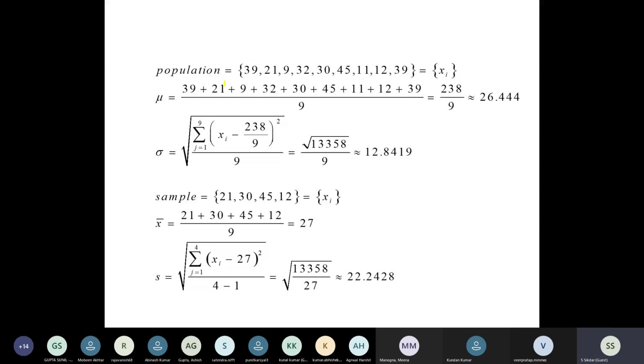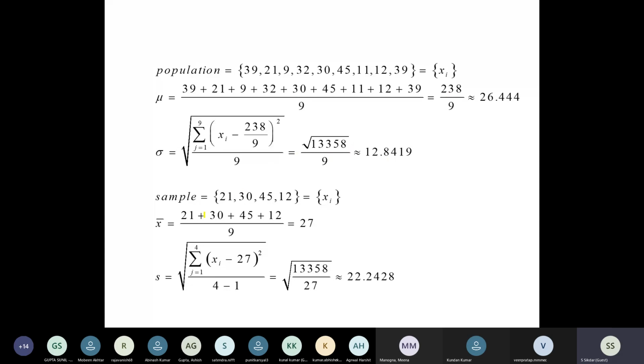It has been calculated just by adding them up, and there are 9 students, just averaging shows 26.44. And sigma, the standard deviation, is each individual value minus the mean value, that whole squared, and then the square root, which makes this much.